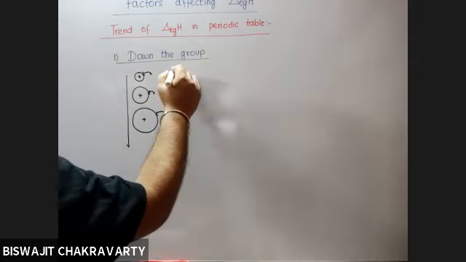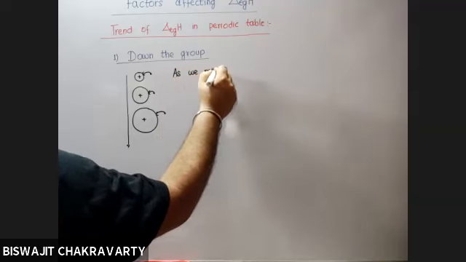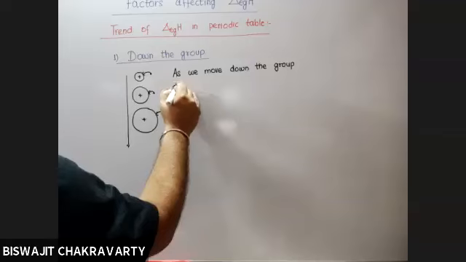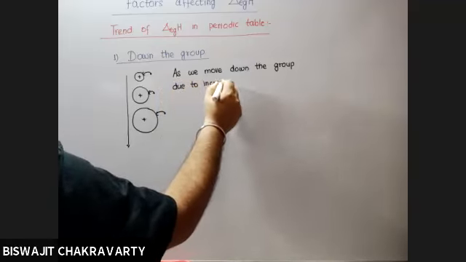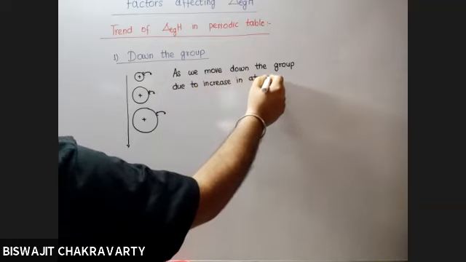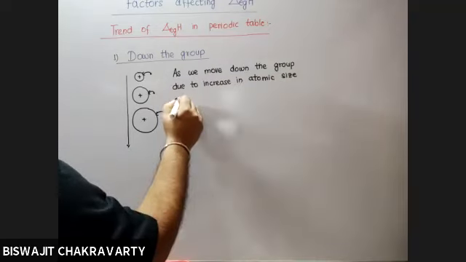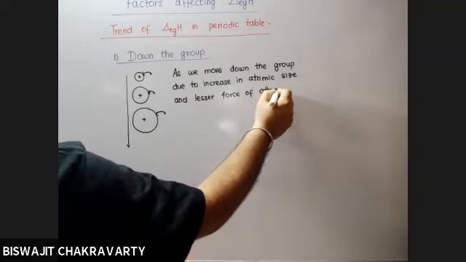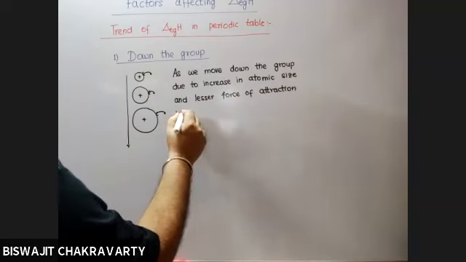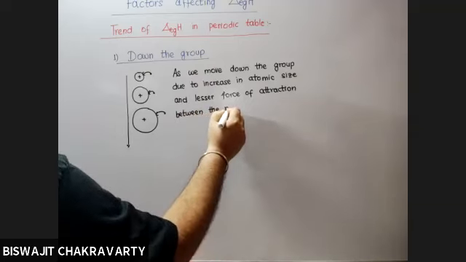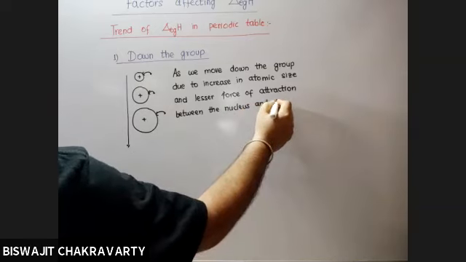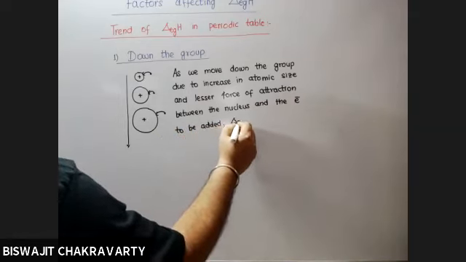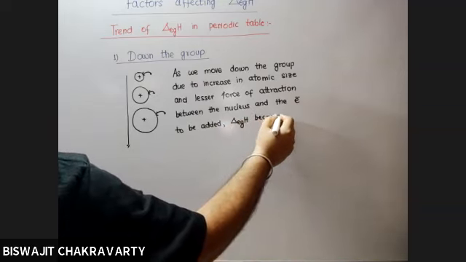Yes, sir. So as we move down the group, due to increase in atomic size, and lesser force of attraction between the nucleus and the electron to be added, delta EGH becomes less negative.